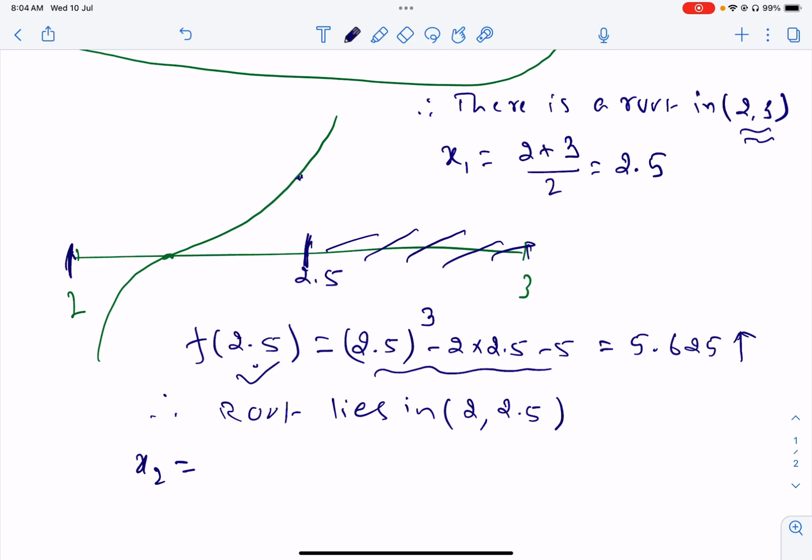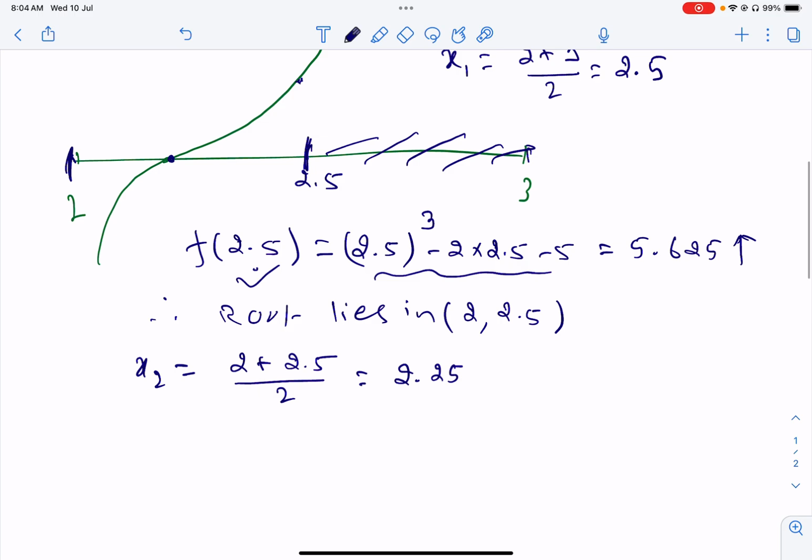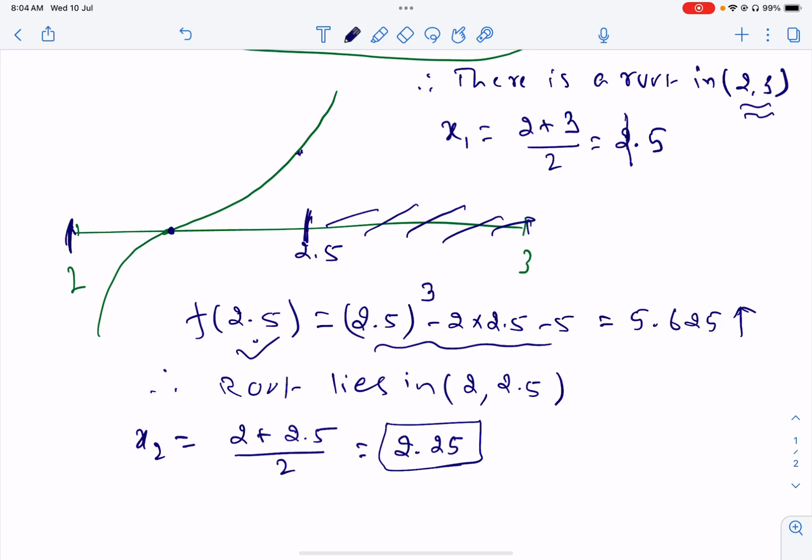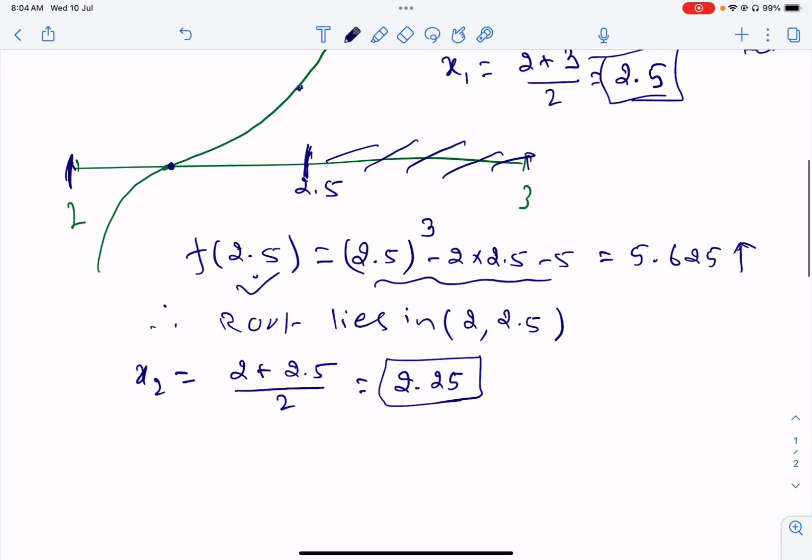Okay. Now let us find the next step, x2. So the midpoint of this is 2 plus 2.5 by 2, and that is nothing but 2.25. So slowly we are moving towards the root. We are refining our answer like this.